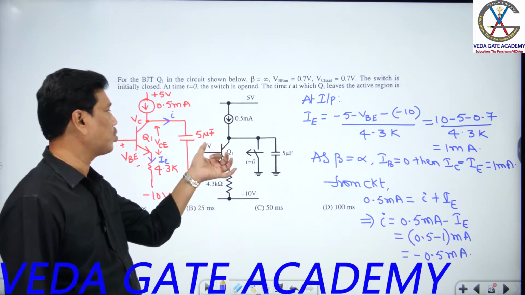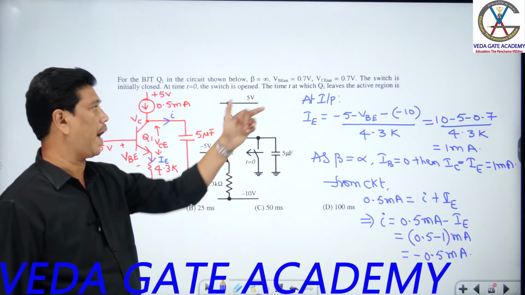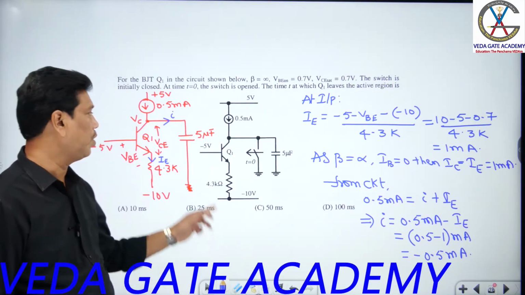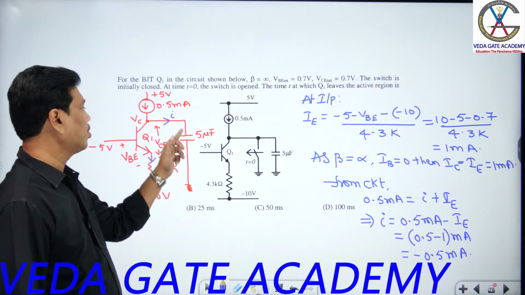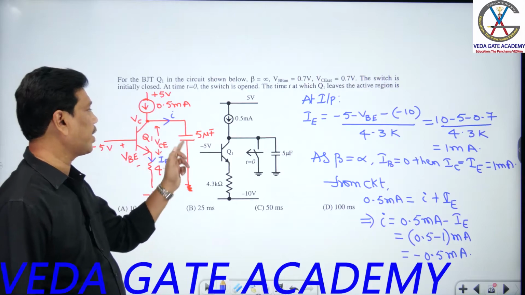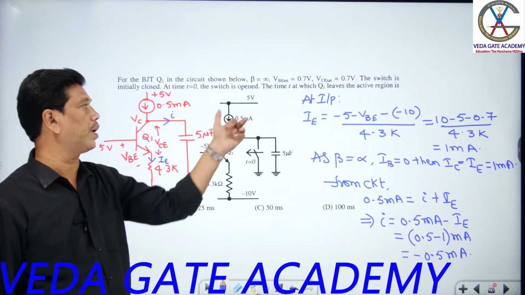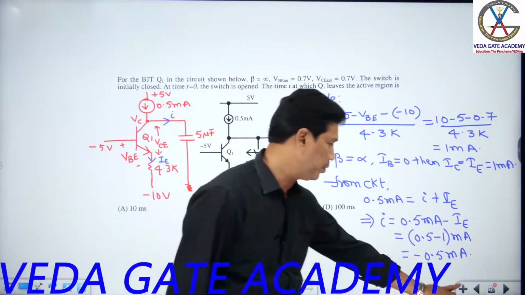The capacitor is fully charged once the capacitor voltage equals the collector voltage, and at that time the transistor comes out of the active region.